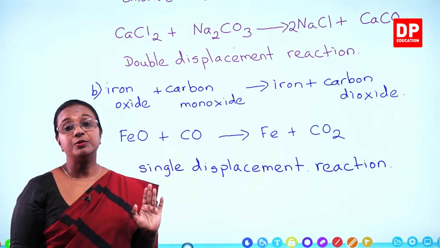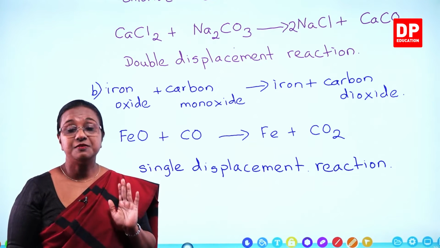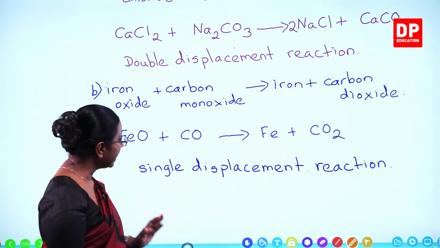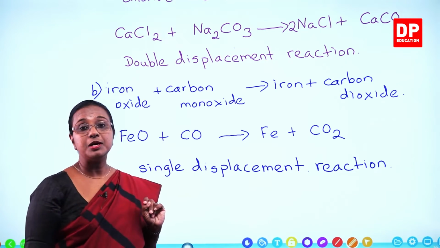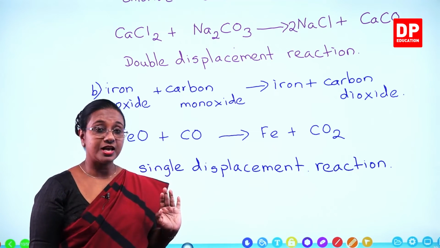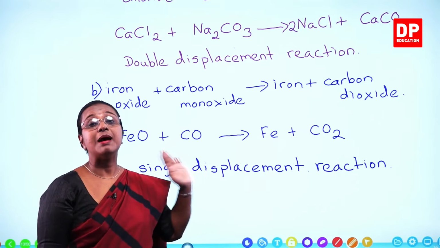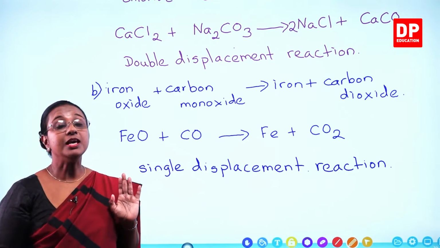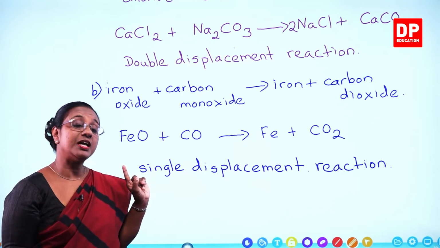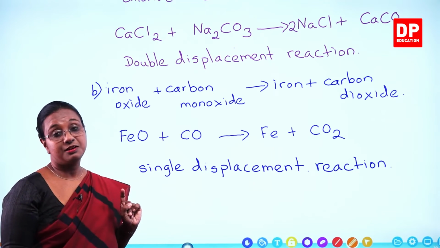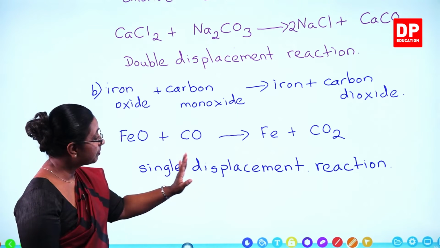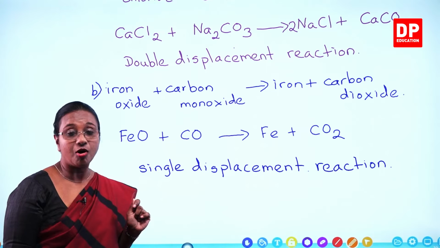There the chemical formula for iron oxide is different. It will be Fe3O4. And at that time, there is a reaction with carbon monoxide. The products again are iron and carbon dioxide. But the way we balance the equation will be different. Because the formula of the iron oxide there, that is hematite, is different. It will be Fe3O4. So when I come to that point, I will remind that to you all again.